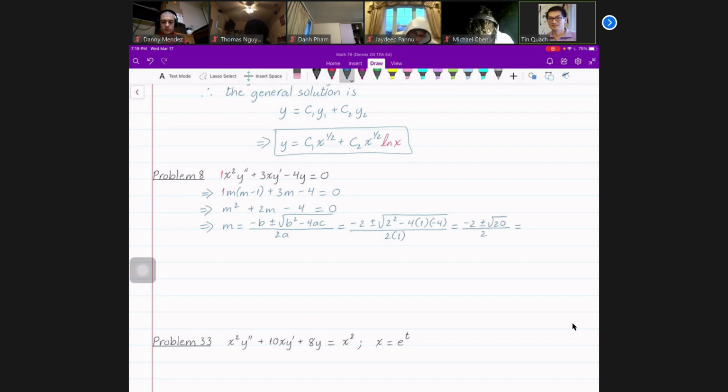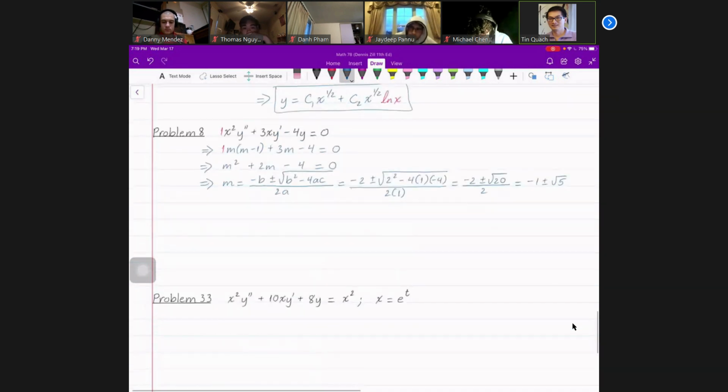And square root of 20 is 2 square root of 5, so you can reduce with the bottom, and you get -1 plus or minus square root of 5. So both are real numbers. m1 is -1 plus square root of 5, and m2 is -1 minus square root of 5.